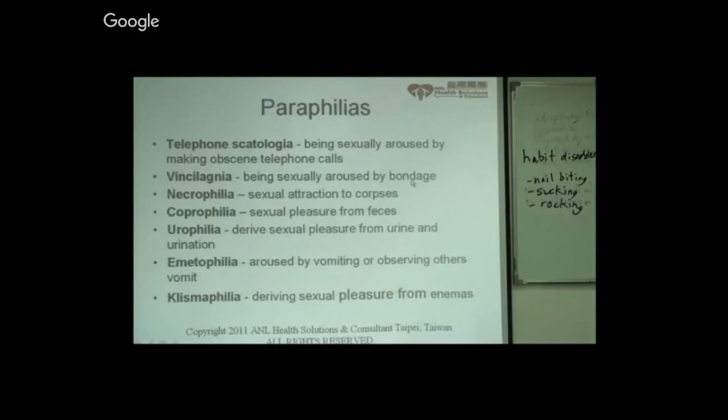Bondage means being tied up. Necrophilia, the dead. These are the people who have sex with dead people. Copro, feces. Uro, urine. Emeto, vomiting. Remember, vomiting, emesis, right? So emeto. And klisma, sexual pleasure from enemas. Klismaphilia.